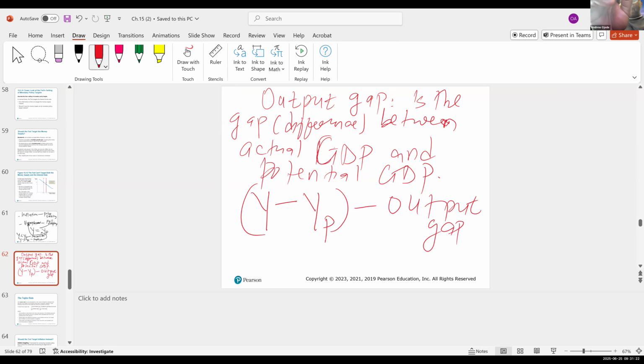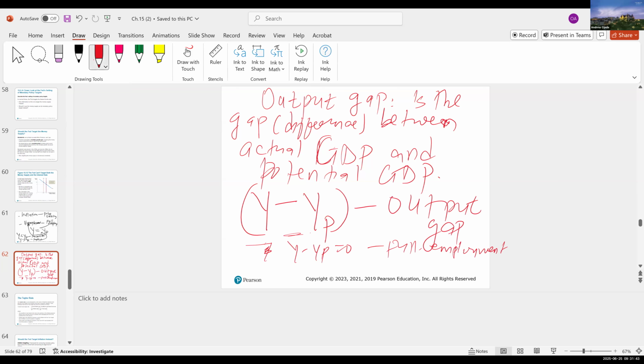And if this output gap is negative, let's say, so there are three possible scenarios here. If the output gap, Y minus YP, was 0, that's the definition of full employment. We say the economy is producing at its full employment or at its potential level.